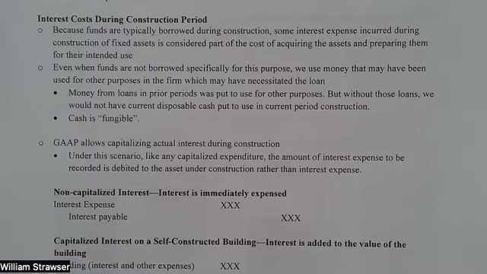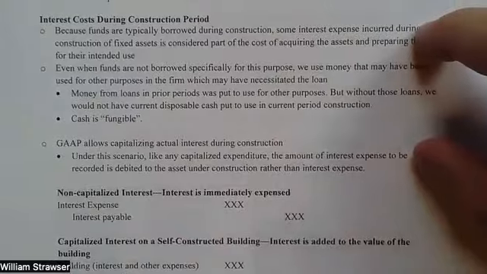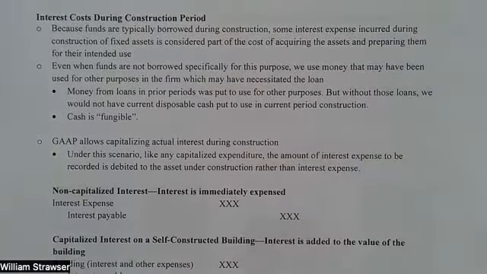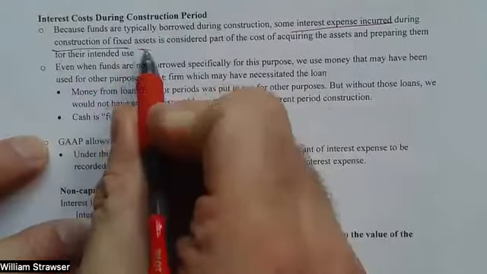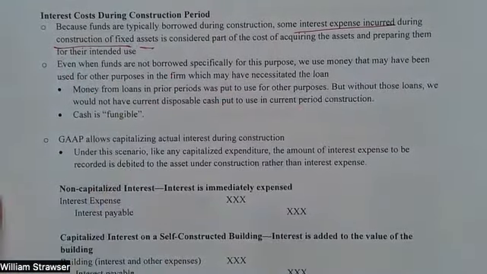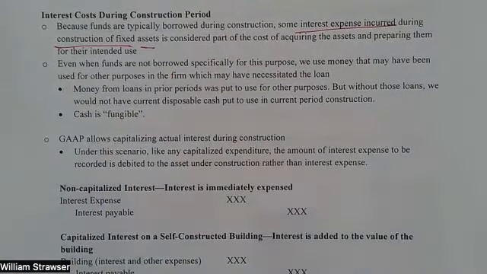So first with interest, we can capitalize interest expense that's incurred during the construction of fixed assets. It's considered part of the cost of acquiring the asset and preparing it for its intended use.